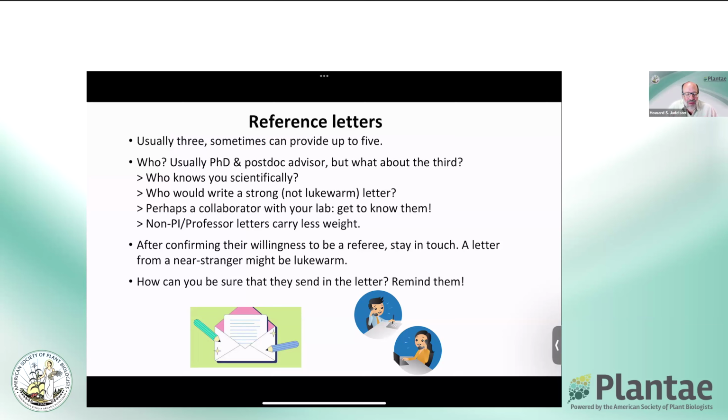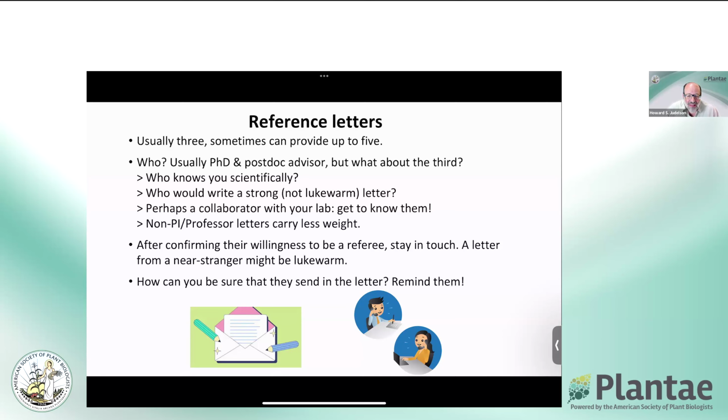Many people will ask a member of their PhD thesis committee, but they don't really know you very well, and their letters may not be very strong, but they might be. Maybe the lab you're doing a postdoc in is collaborating with another lab. Maybe you could get to know that collaborator.